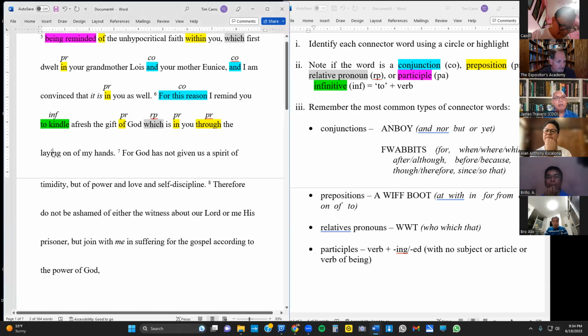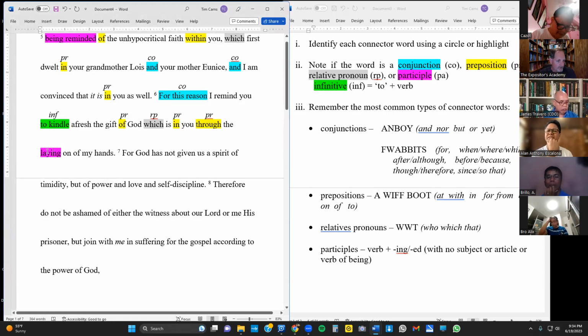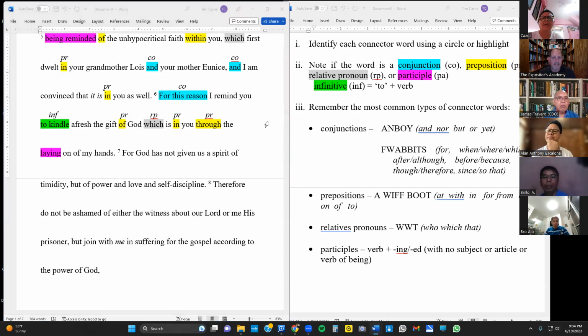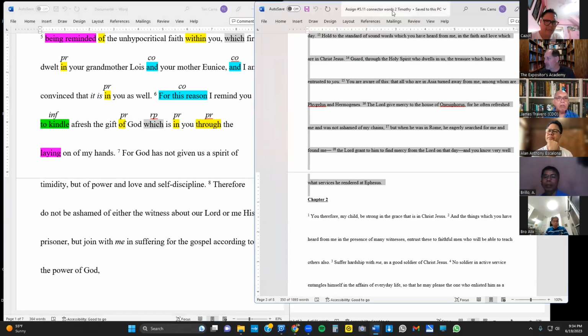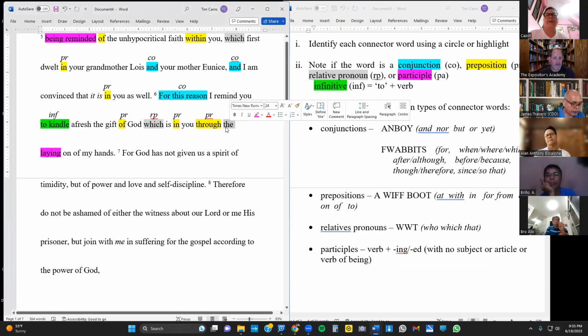Yes, at first you might say, oh, it's a participle because it's a verb plus ing, but notice with a word in front of it, the article. Do you see the article there? That's telling us that it can't be a participle because it's got an article in front of it.